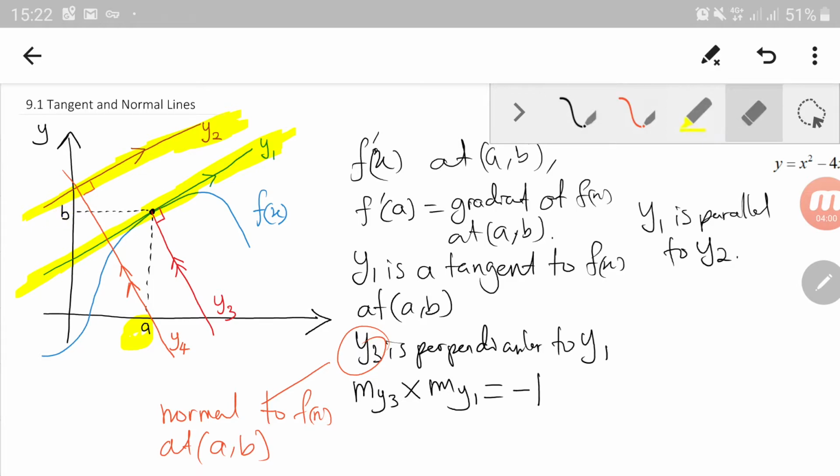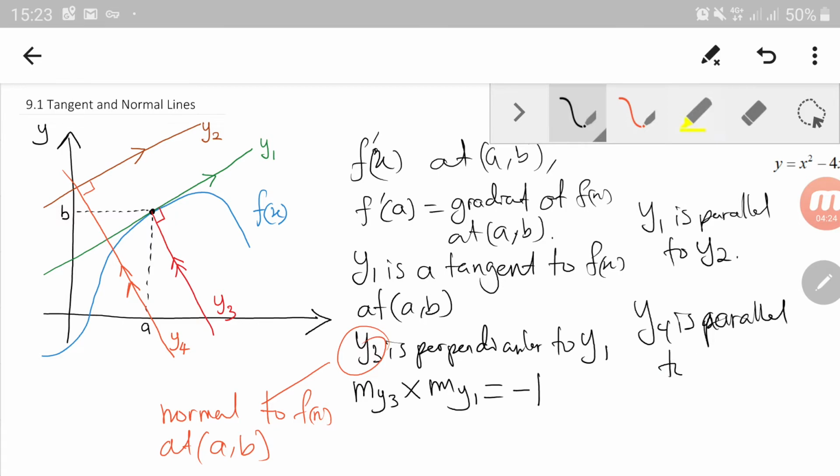The same goes for y4. Y4 is the orange line I highlighted over here. As you can see, this line does not go through (a, b), but y4 is parallel to y3, so they share the same gradient.